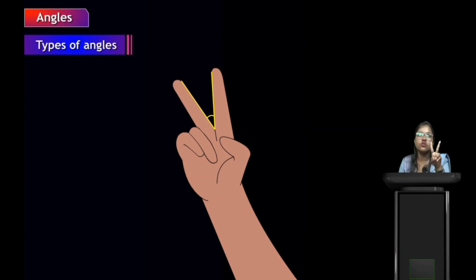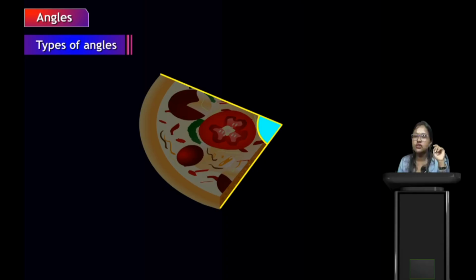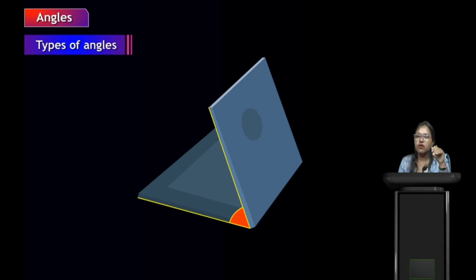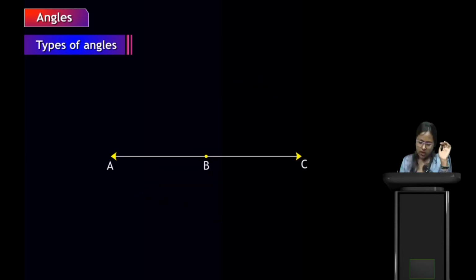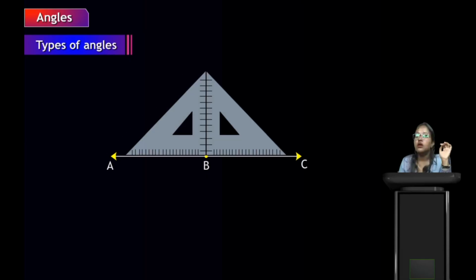When you show the victory sign, that time also the angle is less than 90, right? So this is also an acute angle. This pizza piece is also less than 90, so it is also an acute angle. If you open your laptop halfway, this is also what? Acute angle.